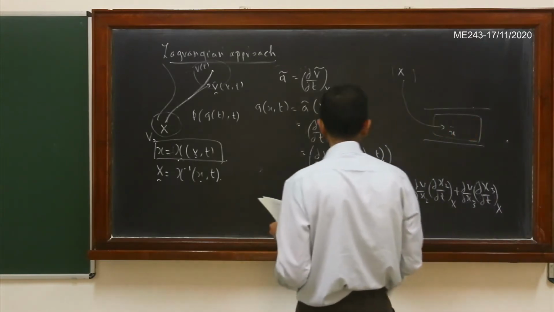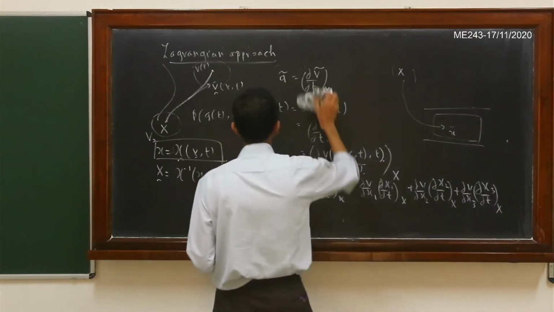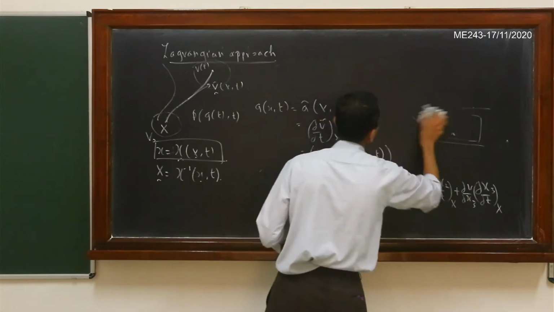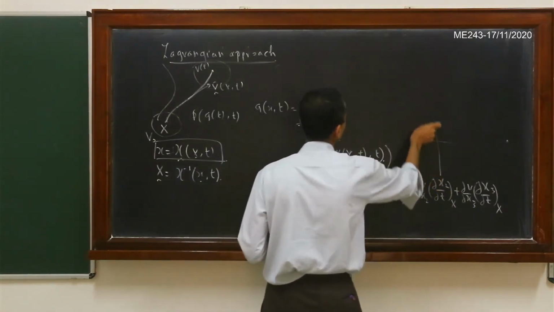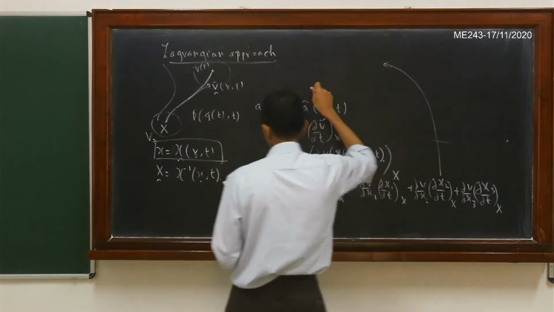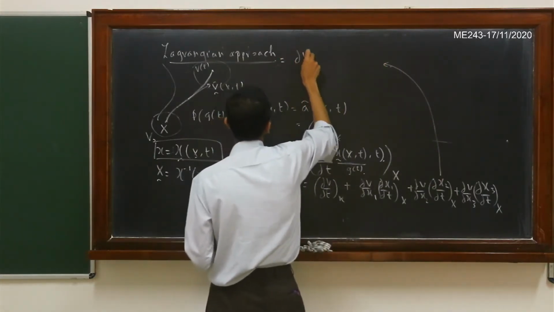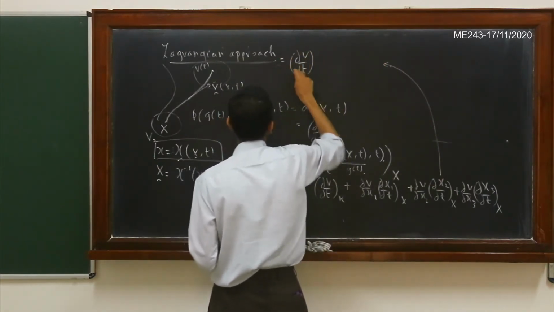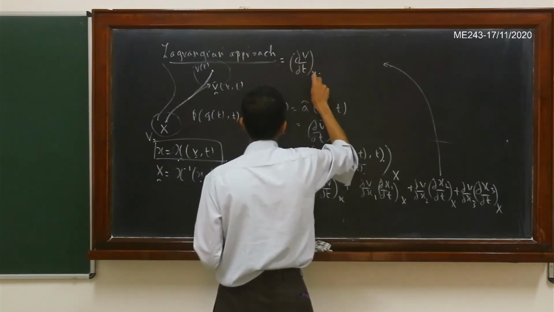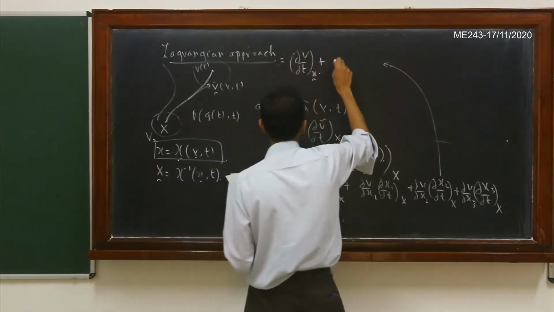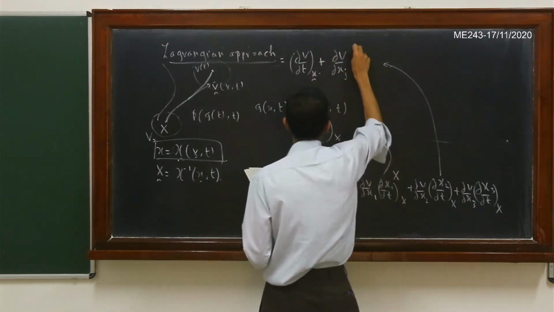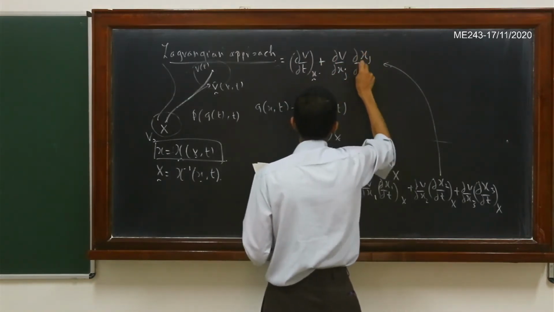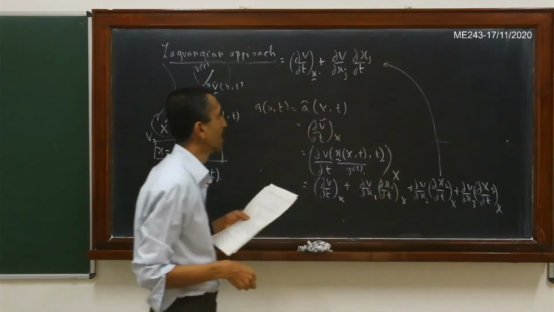So let us write this in index notation, and then see what we will get. So this is equal to del v by del t, keeping small x fixed, plus del v by del xj times del chi j by del t. So I'm just writing this in index notation.